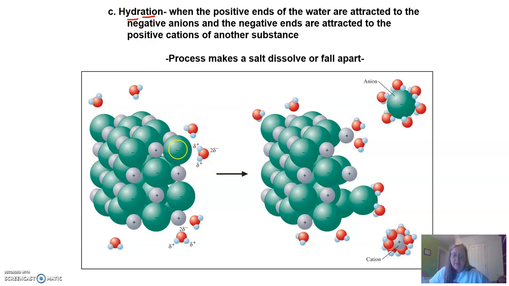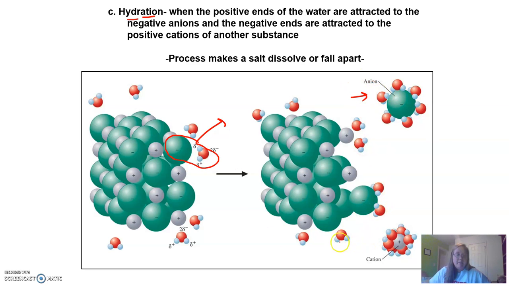And so if we look at this green and gray, we'll just say salt crystal here, all the little red and white molecules are the water. And so the water molecule, the hydrogen ions are the partial positive. They're going to be attracted to this negative anion here, and they're going to pull it away as it shows up here in this corner.